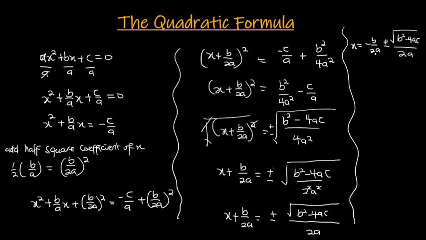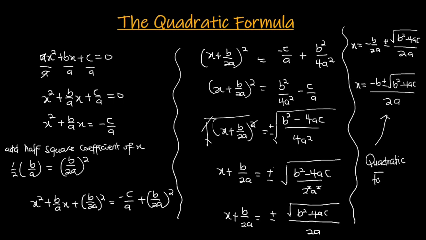Now you realize that we have 2a as a common denominator, so we can rewrite this entire equation as x is equal to minus b plus or minus the root of b squared minus 4ac all on 2a. This expression, x is equal to minus b plus or minus the root of b squared minus 4ac all on 2a, is what we call the quadratic formula.